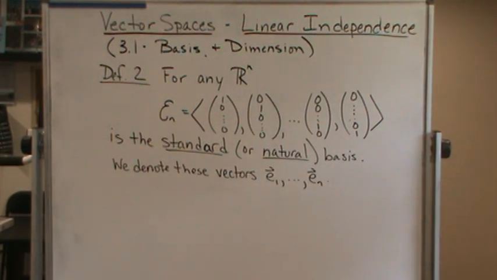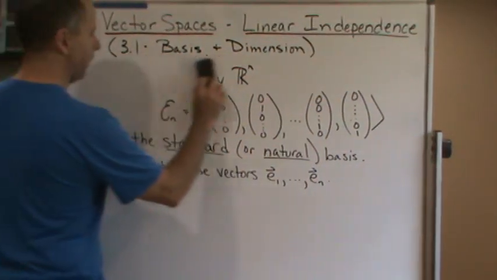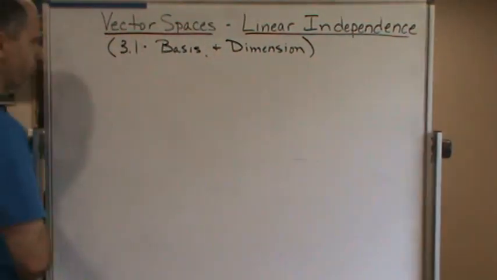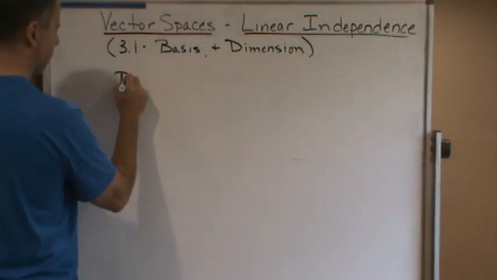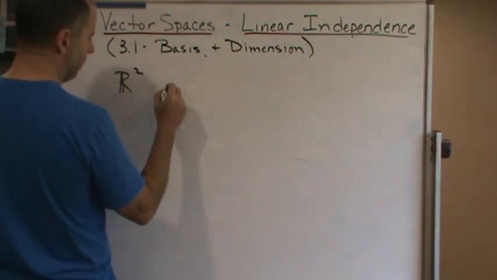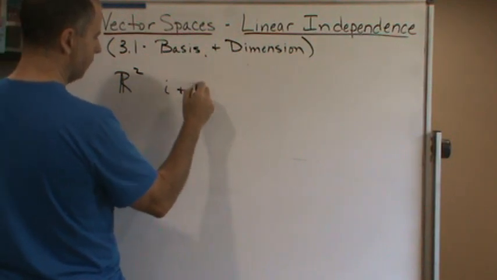What else do I want to say about this? So one thing here. In some calculus books, typically for R2, two-dimensional space, they'll denote the basis vectors with subscripts i and j, right?